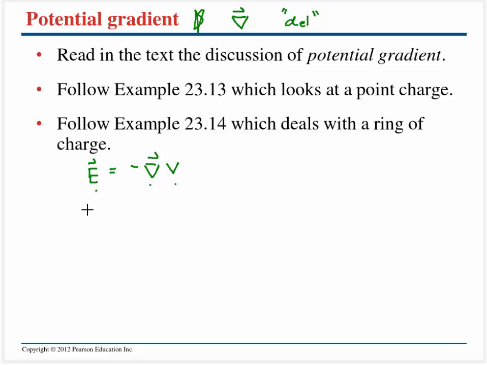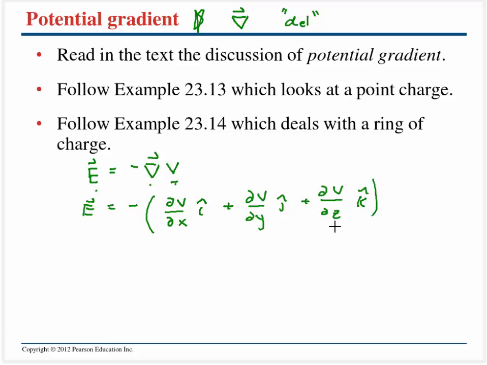Now this operator is going to take partial derivatives of V with respect to x, y, and z, and correspond those to vector directions i hat, j hat, and k hat. So really we're saying that the electric field is equal to the negative of the partial derivative of potential with respect to x in the i hat direction, plus the partial derivative of potential with respect to y in the j hat direction, plus the partial derivative of potential with respect to z in the k hat direction.